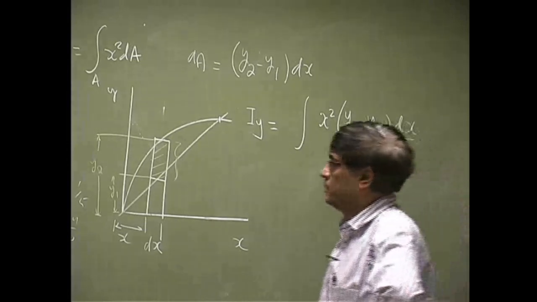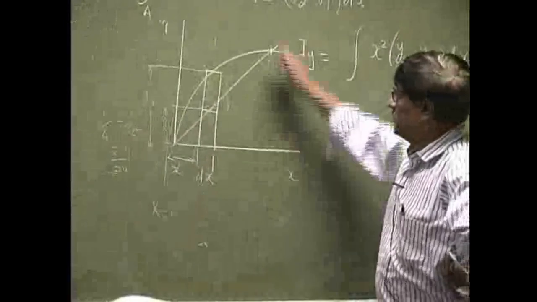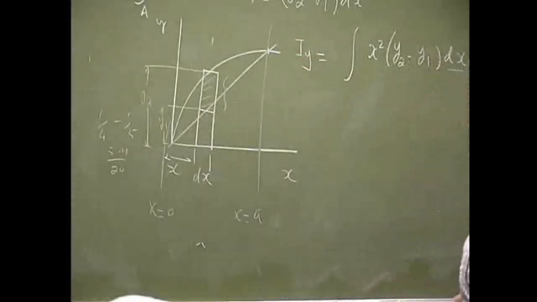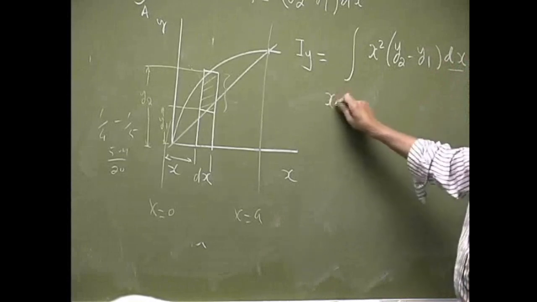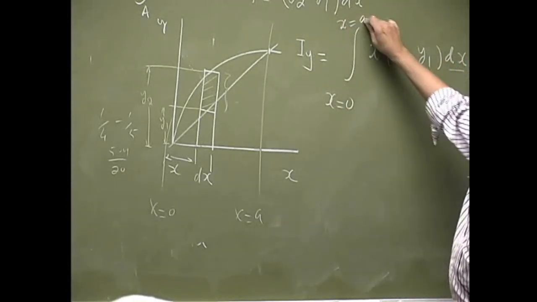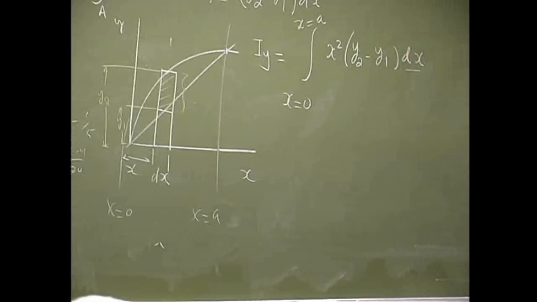We look at x, you're starting from 0, and then finally you're ending at a. So the limits for this will be x going from 0 to a. So that's what you get as the equation for inertia along y-axis.